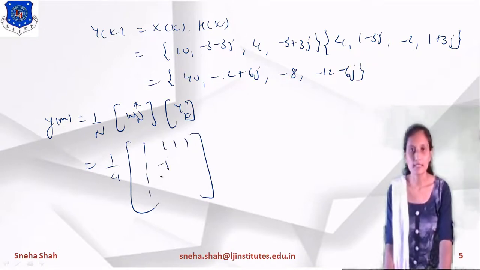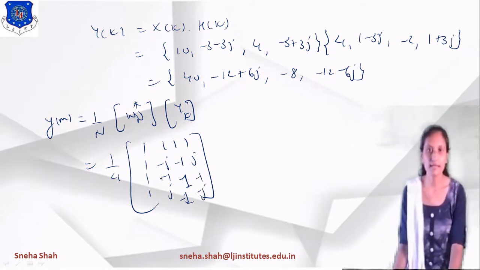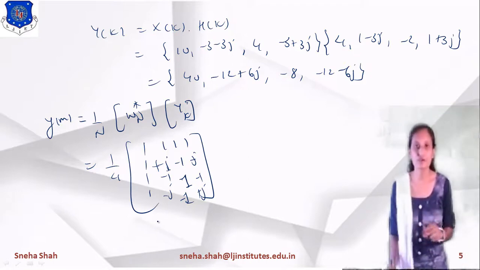So the twiddle factor matrix is 1, 1, 1, 1; 1, minus j, minus 1, j; 1, minus 1, 1, minus 1. Instead of minus j, we will take plus j, and the signs alternate, so we are converting it into the conjugate form.